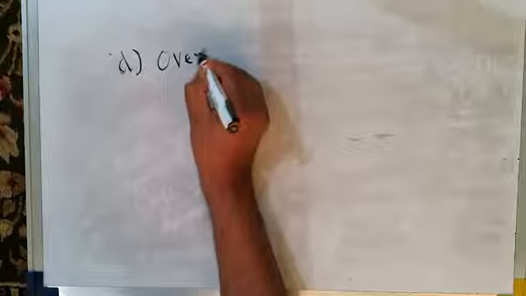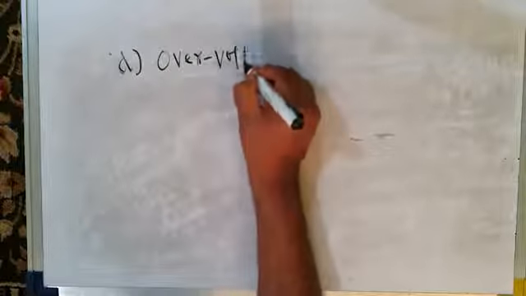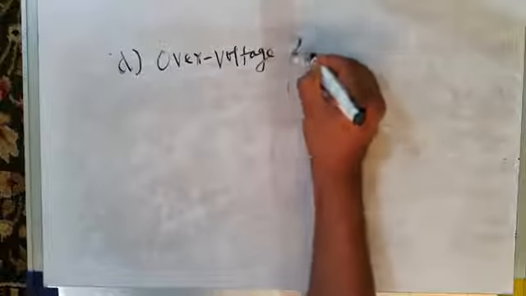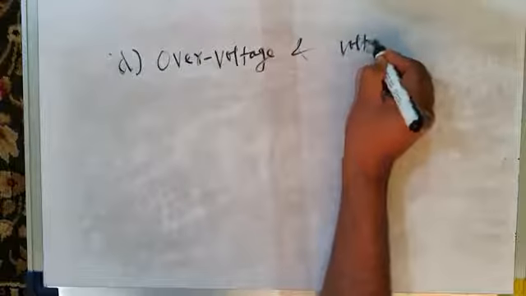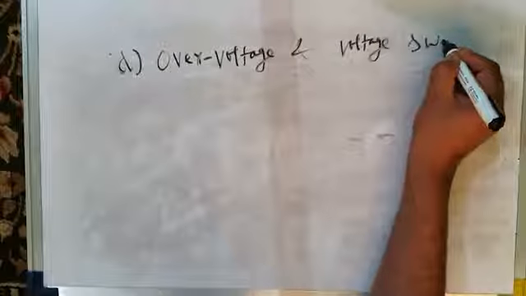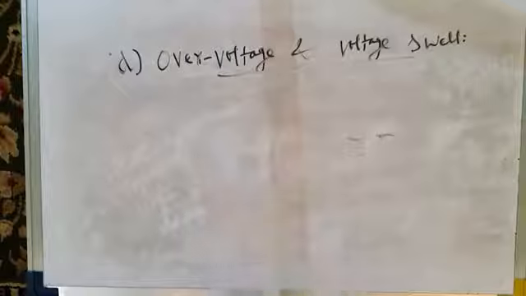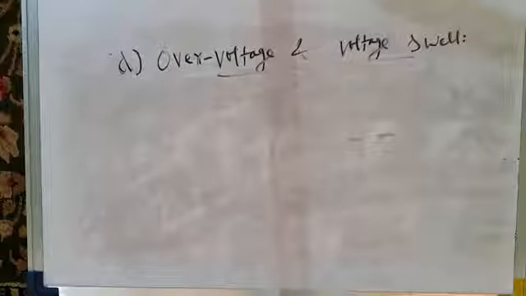Now, the fourth type of power quality problem under this category is over voltage and voltage swell. Now the term itself makes it clear, it's an increase in voltage above its rated value, above normal value.